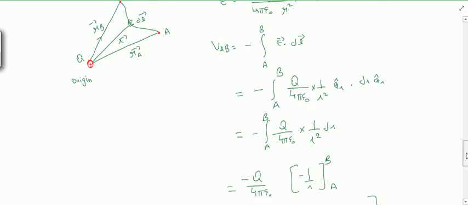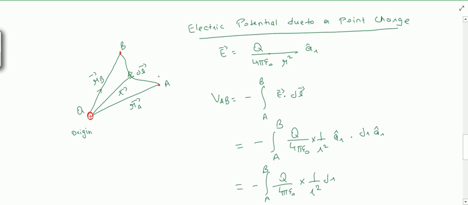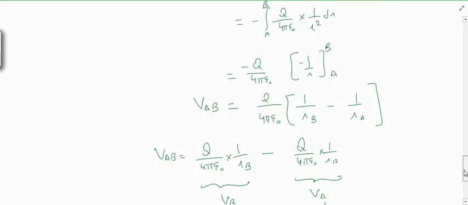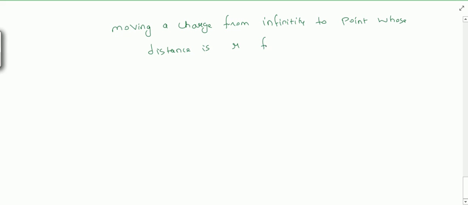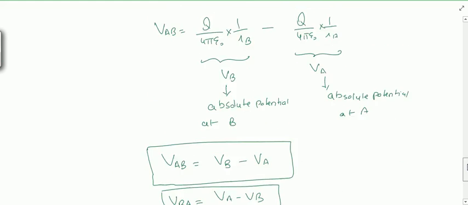Now if you think that we are moving a charge from infinity to a finite distance point, say at location r with reference to the origin, a point whose distance is r from the origin.